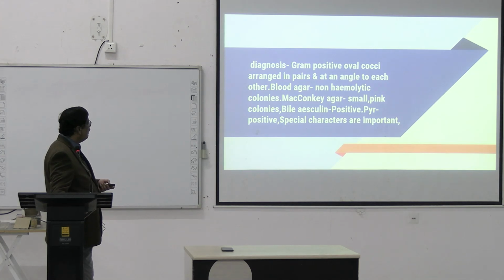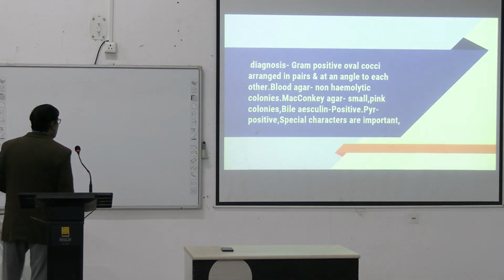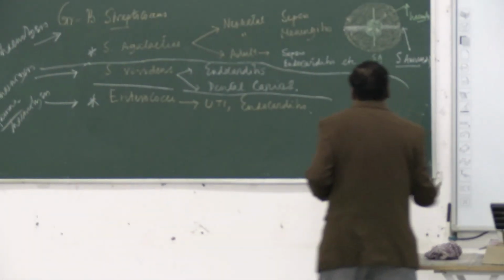Diagnosis: gram-positive oval cocci arranged in pairs and at an angle to each other. On blood agar, non-hemolytic colonies. The typical character of Enterococcus is like that.